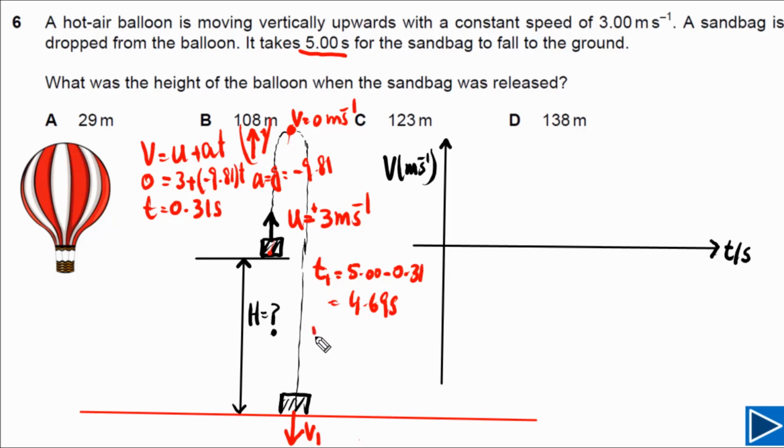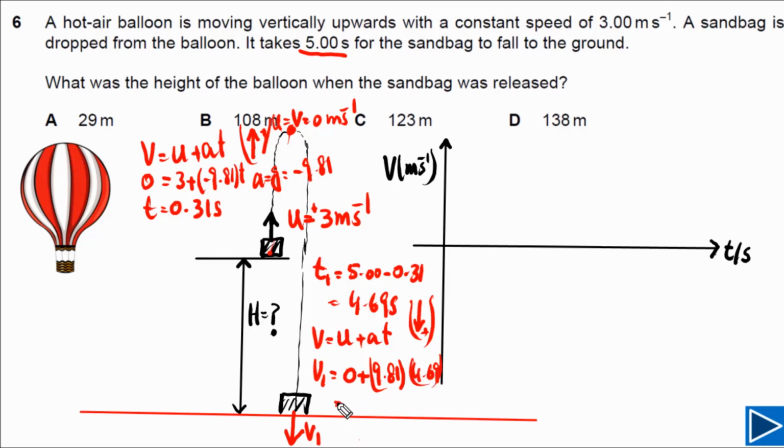So again we can use v = u + at. In this case we will take downward as positive. So v1 is what we need to find out. The initial value u is equal to 0, and the value of a is 9.81 because this is in free fall, and the time taken is 4.69 seconds.